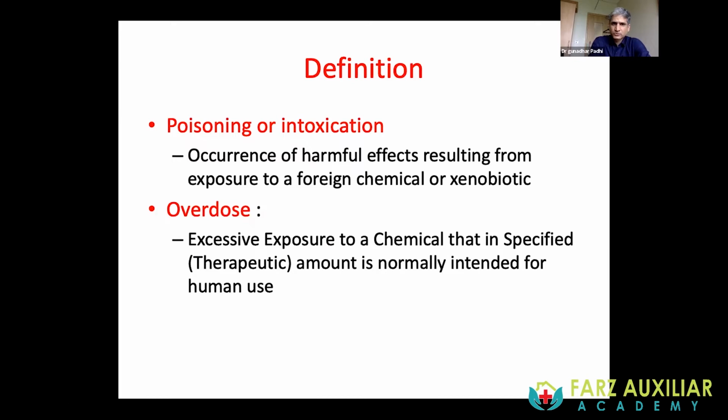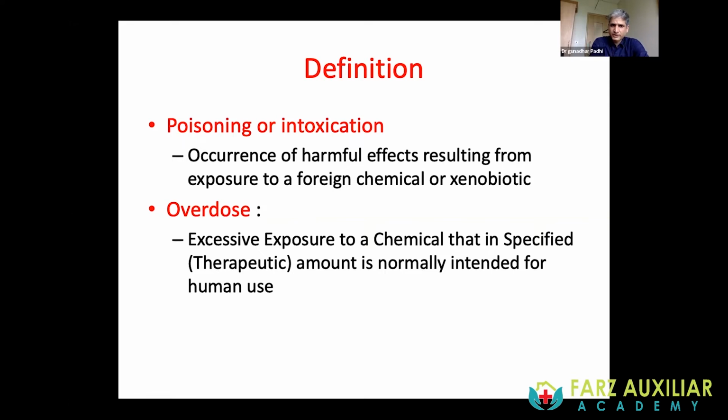Okay, so if we see the definition of toxicology, poisoning or intoxication is basically the occurrence of harmful effects resulting from exposure to a foreign chemical or xenobiotic. So the harmful effects we get from exposure to a foreign chemical or foreign substance are called poisoning or intoxication.